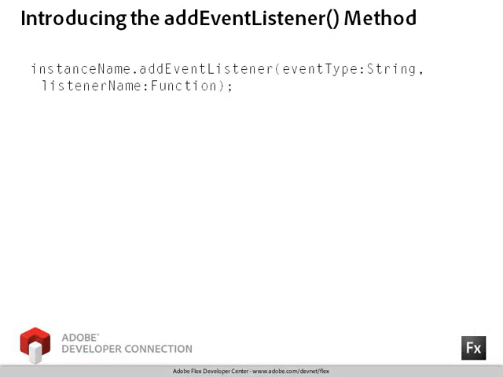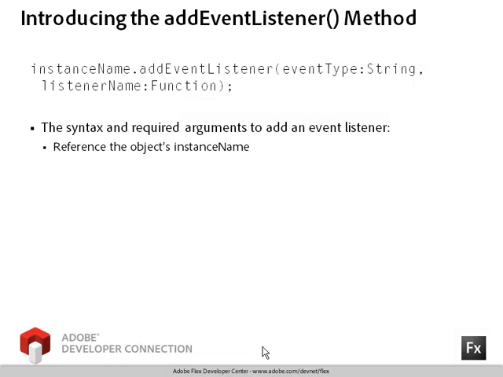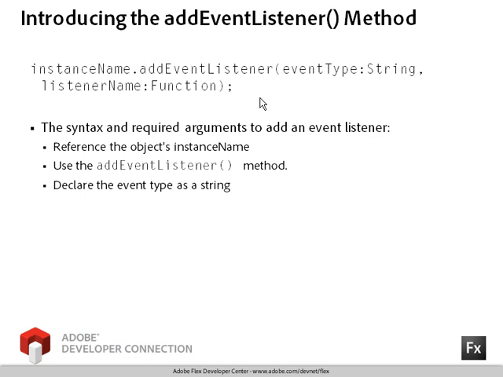This code shows the syntax for adding event listeners to an object. The first step is to reference the instance name of the object to which the event listener is being added. You will use the addEventListener method of the EventDispatcher class to register an event handler for an object. The event type string references both user and system events.